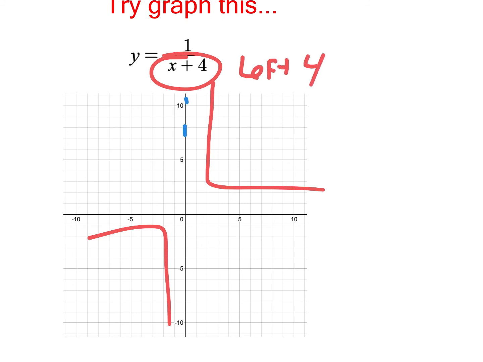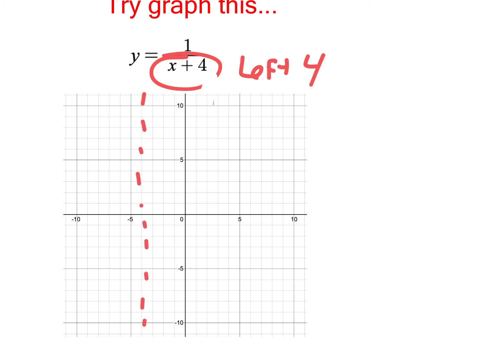So this asymptote that was here is going to go 4 to the left. So I've got to move all of this stuff over. And my best hint is move the asymptotes first. So 4 to the left. And this one never moved. And then I just make my lines like this. And this.